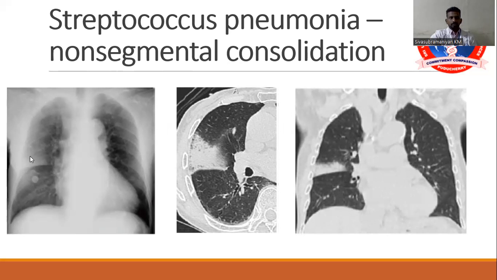So this is a Streptococcus pneumonia, and you can see that on the plain radiograph there is a hazy opacity, and the lower border of the opacity is very well defined, and you can see that it's predominantly peripheral and moving towards the center like we described. And this is a CT thorax of the same patient at this level.